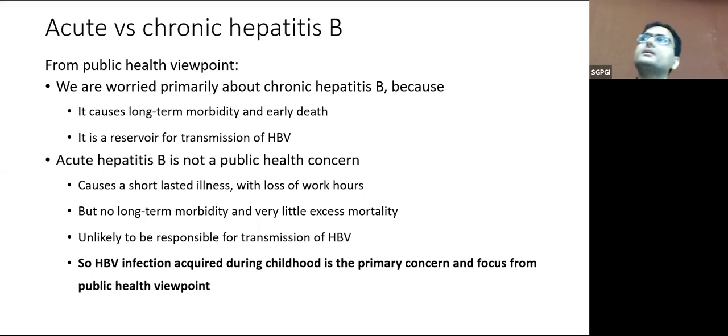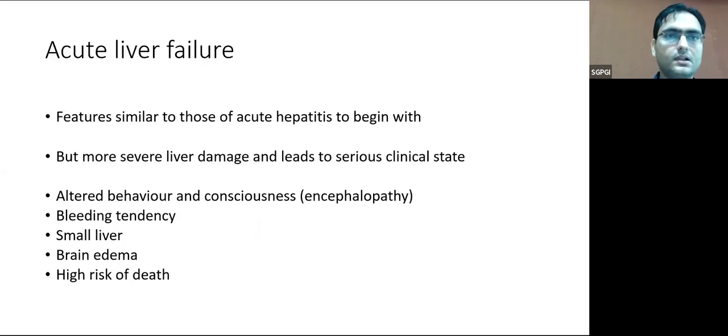Because in chronic hepatitis B, the patient can transmit the disease to other people. So we will not be able to eliminate the disease from society. And the patient can have long-term consequences of the disease like cirrhosis, then decompensation, and also developing hepatocellular carcinoma. Hence, from the public health point of view, chronic hepatitis B, its diagnosis and treatment, is of utmost importance.